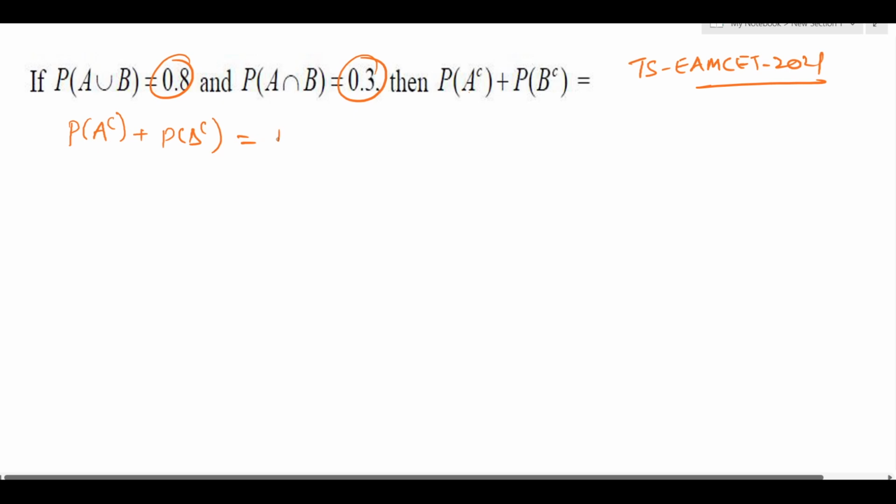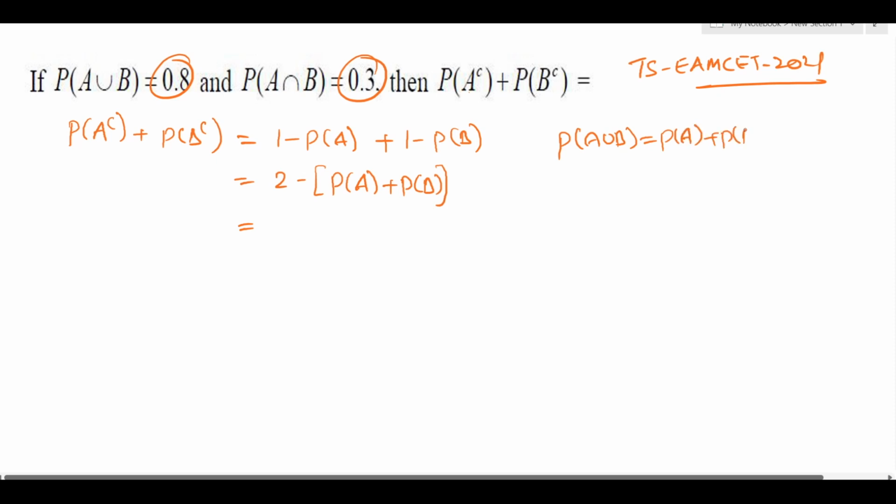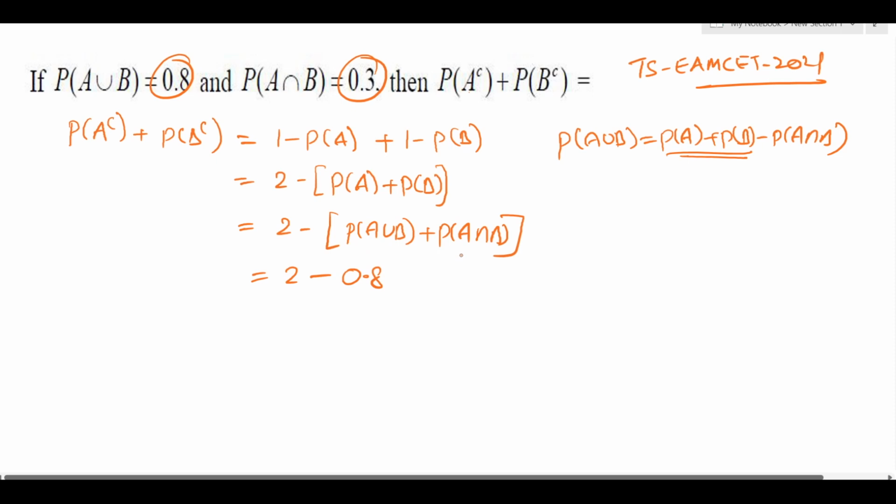We know that P of A complement is 1 minus P of A, and P of B complement is 1 minus P of B. That is equal to 2 minus P of A plus P of B. We know that P of A union B is equal to P of A plus P of B minus P of A intersection B. From this equation, 2 minus P of A plus P of B is equal to P of A union B plus P of A intersection B. That is 2 minus P of A union B, that is 0.8, minus P of A intersection B, that is 0.3.